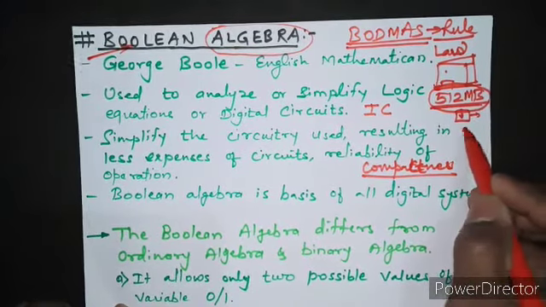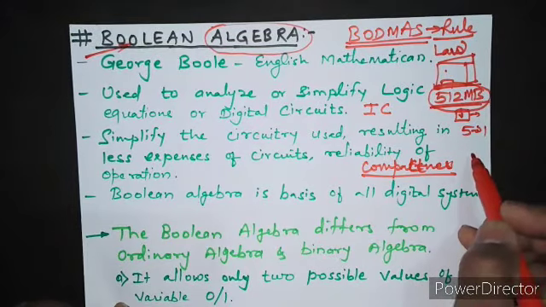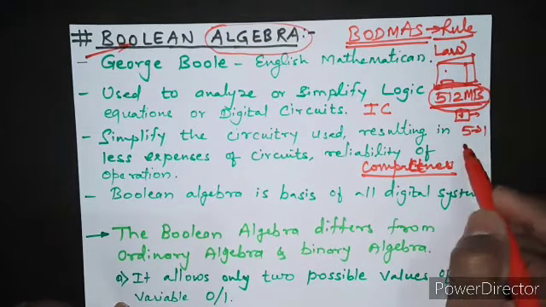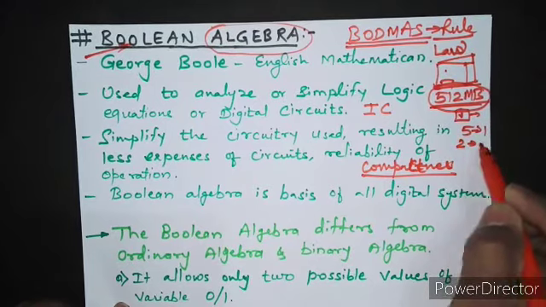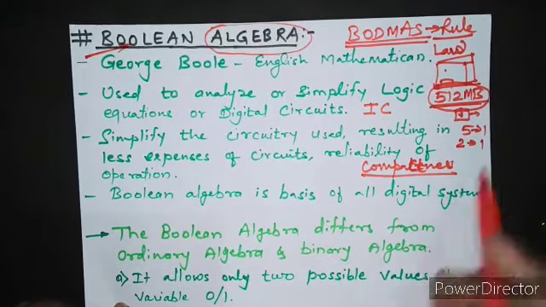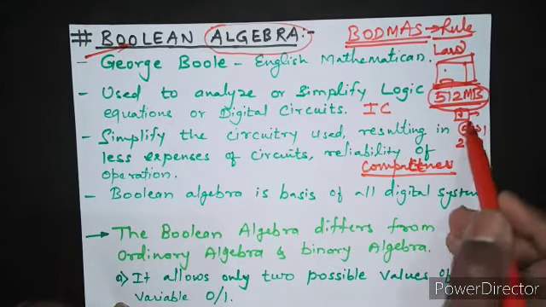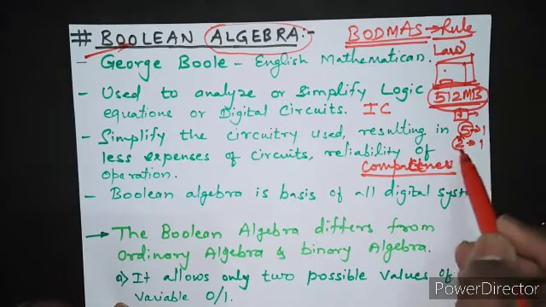If I have 5 gates and my output is 1, what if I can achieve that with 2 gates and output 1? So from 5 I have reduced the number of gates to 2.